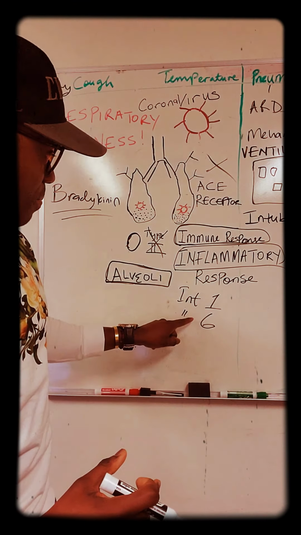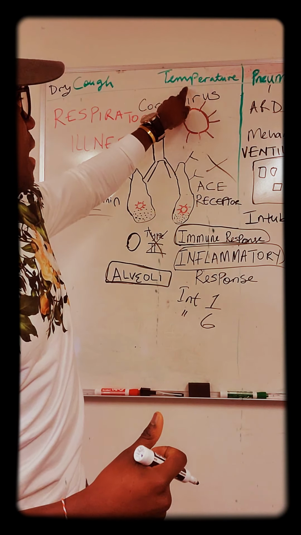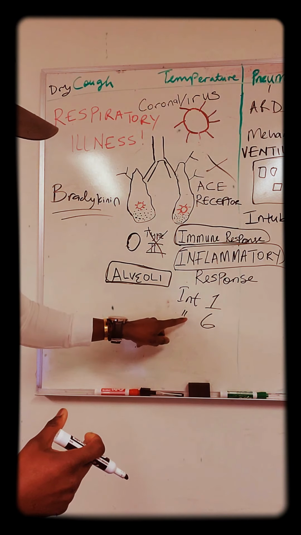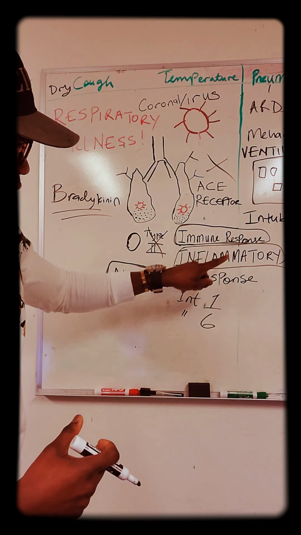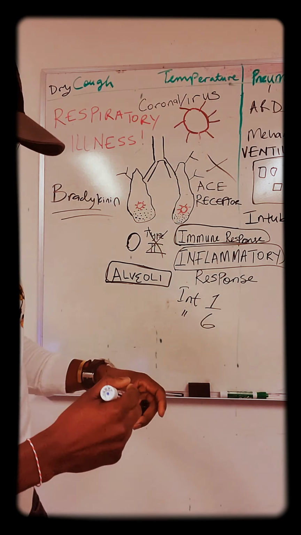The brain senses this interleukin being released, and the hypothalamus will increase your temperature. This is why you have a temperature: the immune system response releases interleukin 1 and 6, and you get a temperature.